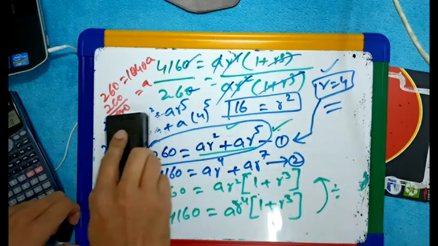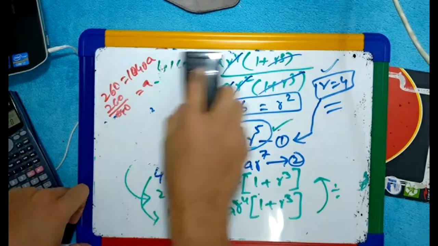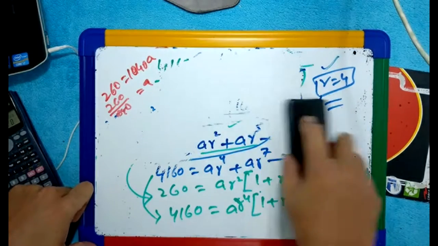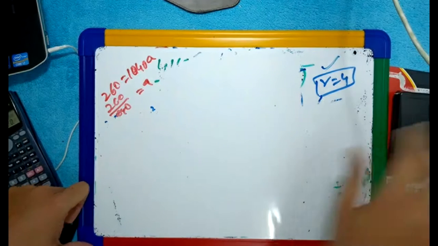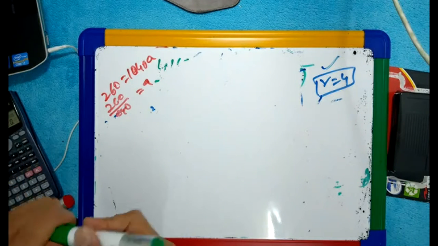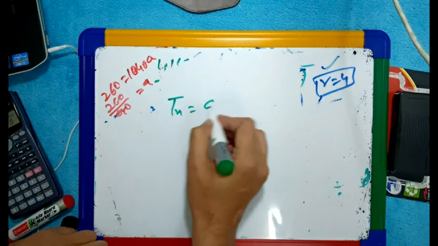First of all, I will write the general term, and then easily you can put n and get the answer. So the general term is, for any geometric sequence, a r raised to the power n minus 1.